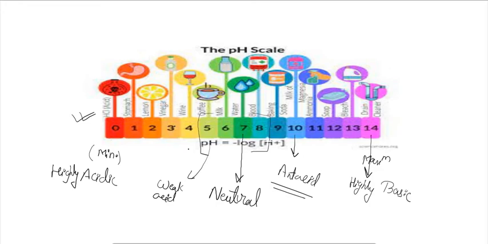And similarly, the substances lying between the values of 7 and 9 are termed as weak bases. After that, the substances present are termed as strong acids and strong bases.